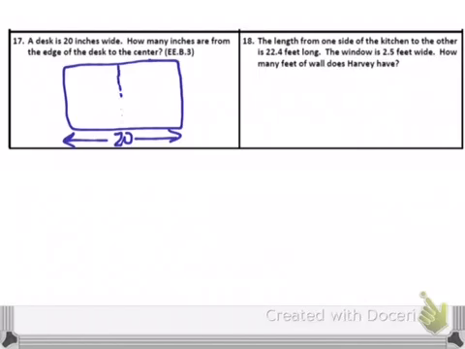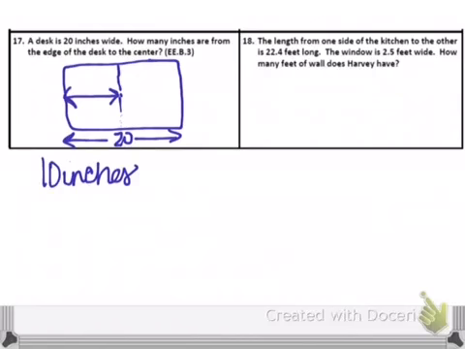So this being the center, you're trying to find the distance from here to here. So that would be half of 20. And so for number 17, it would be 10 inches.